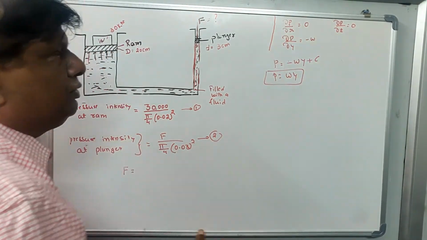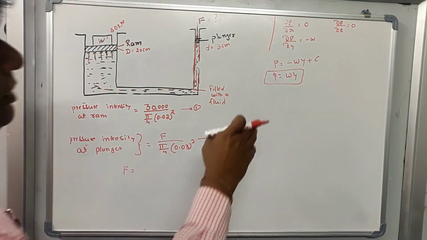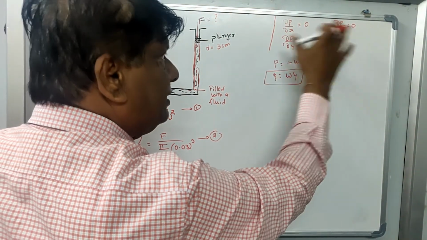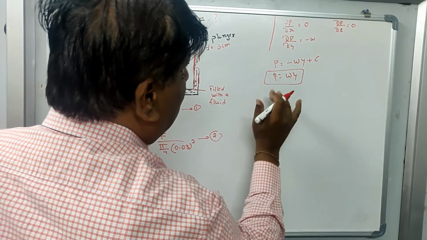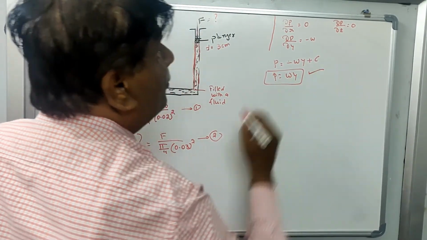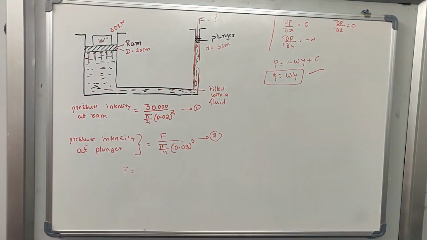Apply the boundary conditions, so ultimately we have derived P is equal to Wy. This has been discussed in the earlier class, so please go through that. Let us see how to apply this to measure the pressure.